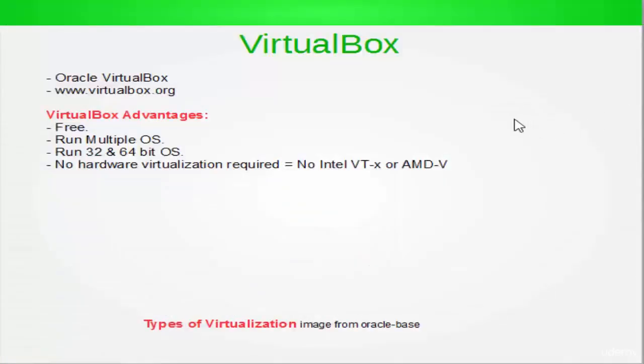Okay, now here are some advantages for the VirtualBox. The first advantage for VirtualBox is that it's free. It can run more than one operating system at the same time. You can run on it 32-bit and 64-bit operating systems.